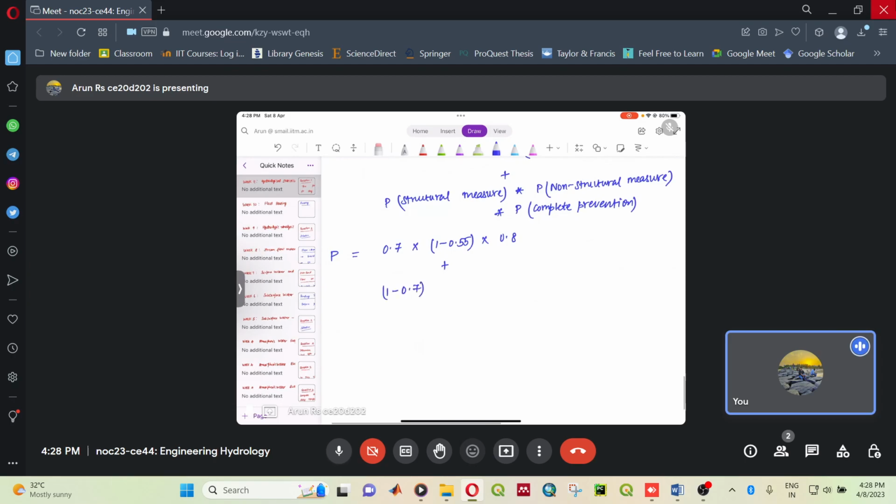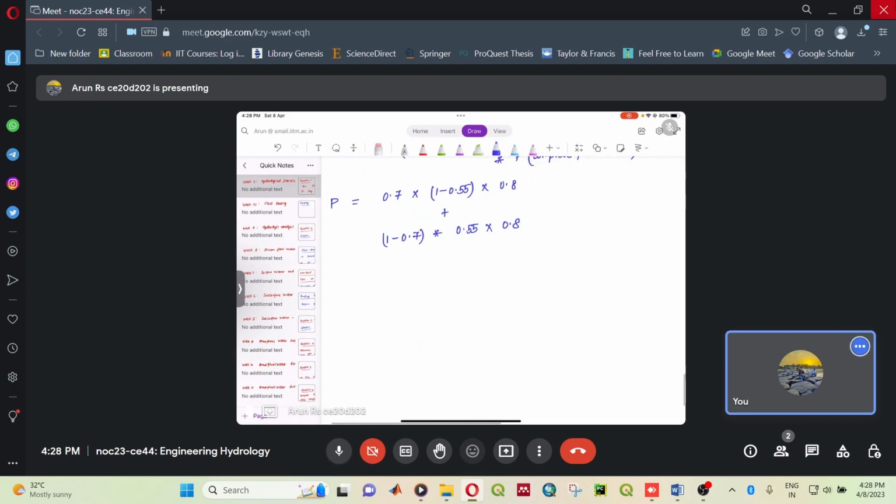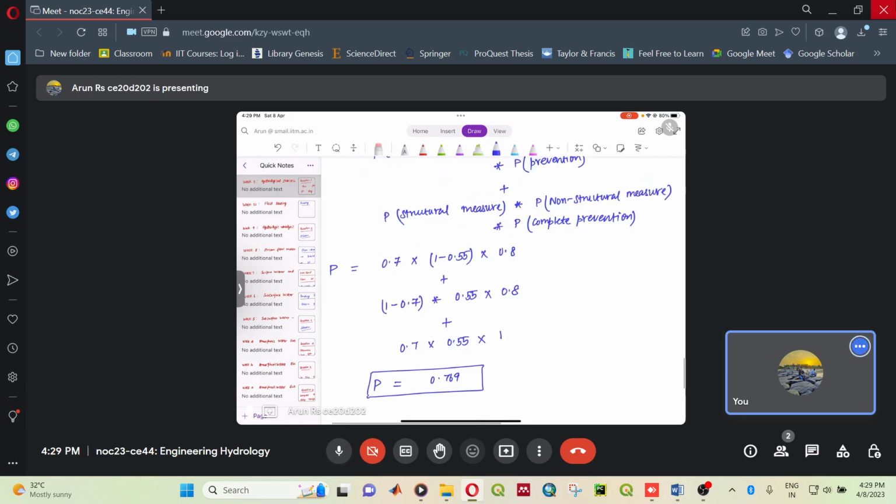We are not improving the structural measure, but we are improving the non-structural measure, multiplied by 0.8. And the third part is we are improving both the measures, into complete prevention, whose probability is 1. So if you calculate, this will be 0.769. So this is the answer for the first part.